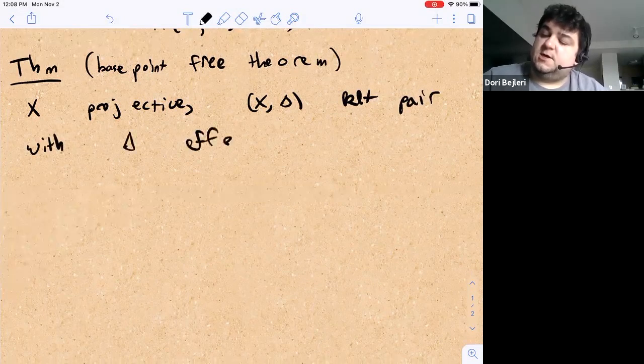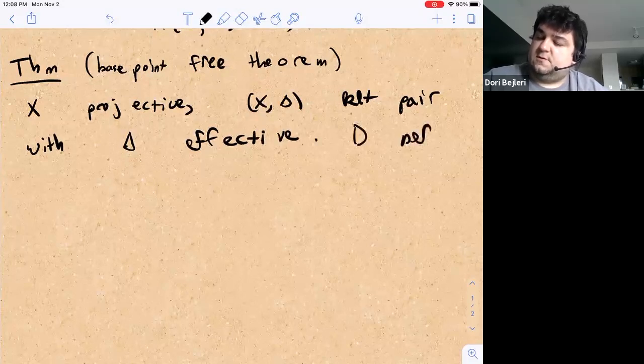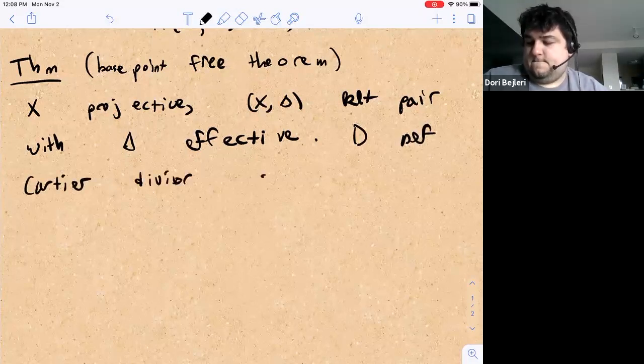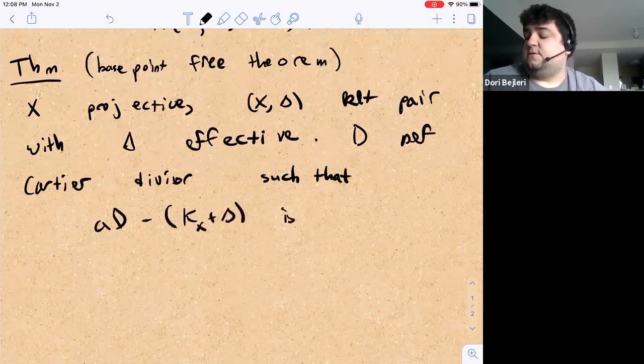So Delta is a boundary. And let's say D is a nef Cartier divisor such that AD minus (KX plus Delta) is big enough for some A.